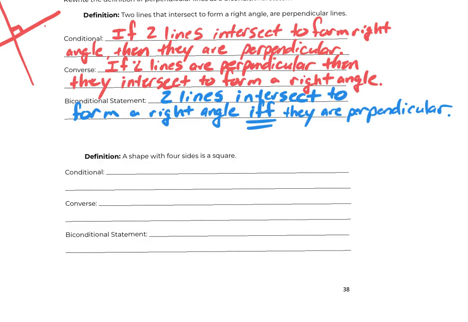Okay, and that is our biconditional statement. It's true either way, okay? And that's what makes it a biconditional. No matter how I say it, it would be true either way.